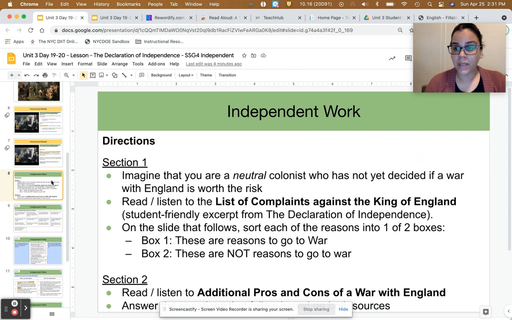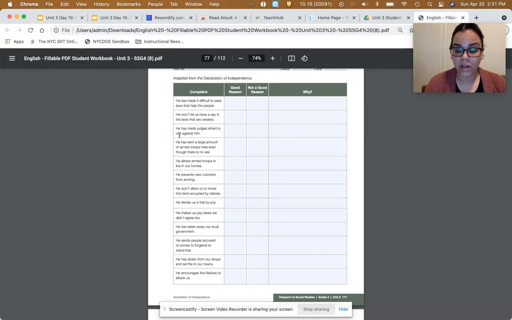So our independent practice today has two sections. I hope that you guys were able to read ahead the list of complaints that the colonists made in the Declaration of Independence, right? You had access to this document in English and your home language if you needed those documents.